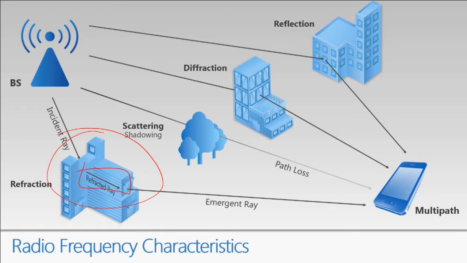Now, diffraction sounds a lot like refraction, but diffraction is officially defined as the process by which a system of waves is spread out as a result of passing through a narrow aperture.